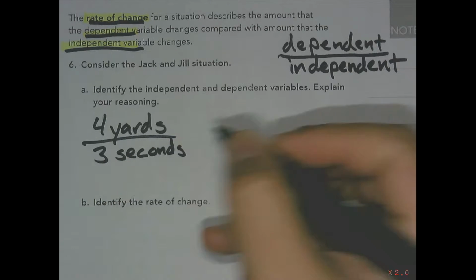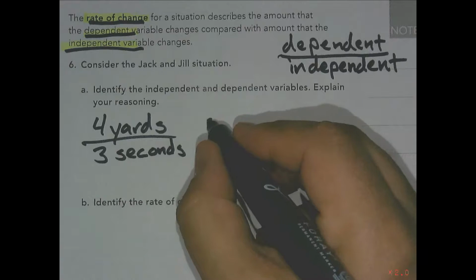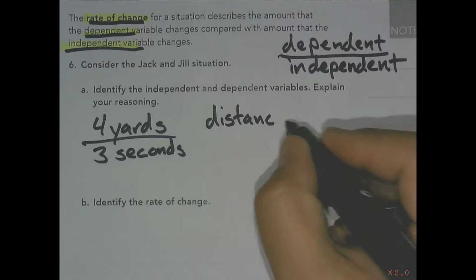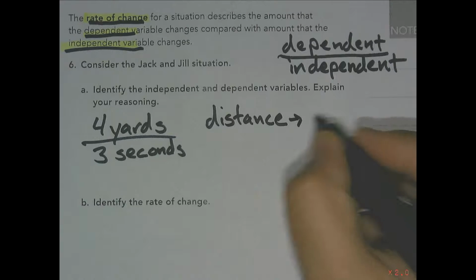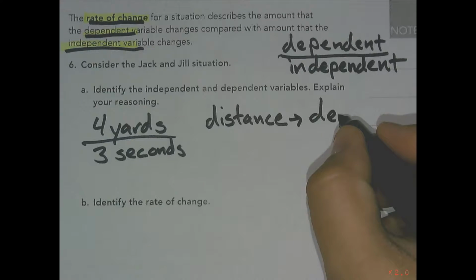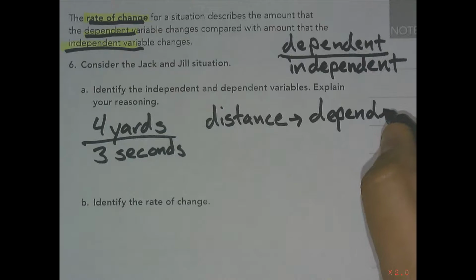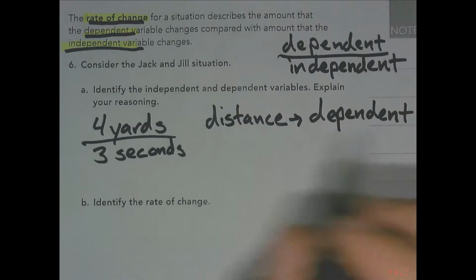Now in this case, we would say that the distance in yards was dependent, because the amount of yards that we went depended on the time that we traveled. So it depended on the time.